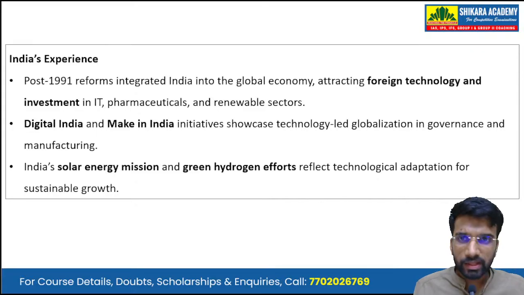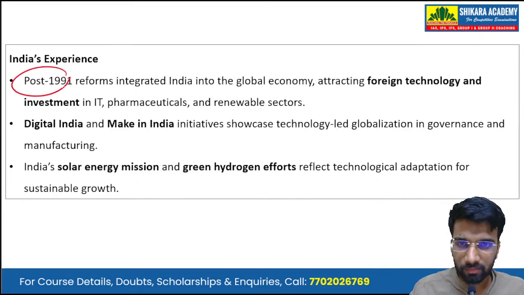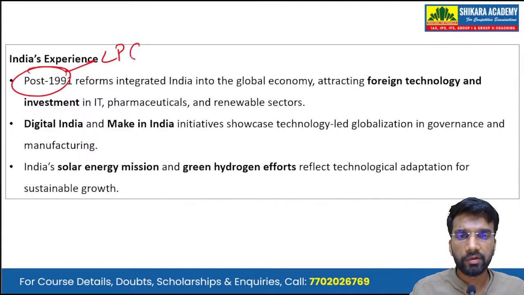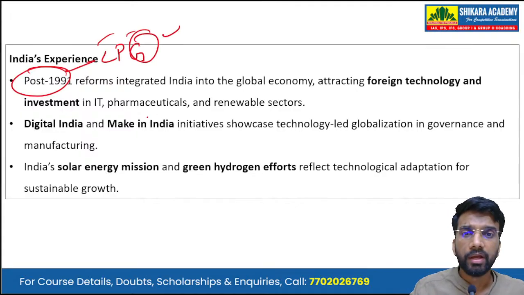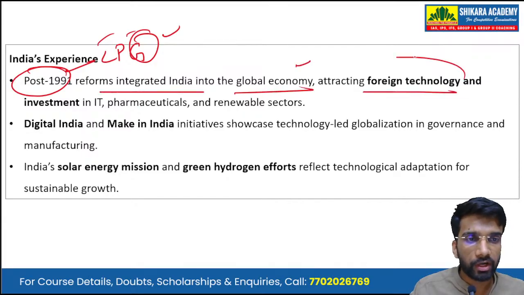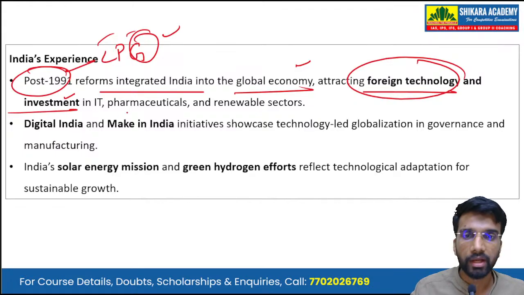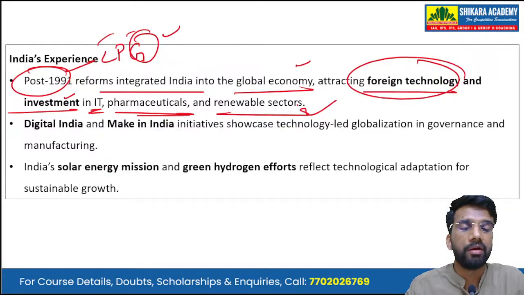Then we can write India's example. Post 1991, we started with the LPG reforms, globalization being one of its pillars. The reforms integrated India into the global economy, attracting foreign technology and investment in sectors, particularly IT, pharmaceuticals, and renewable energy.